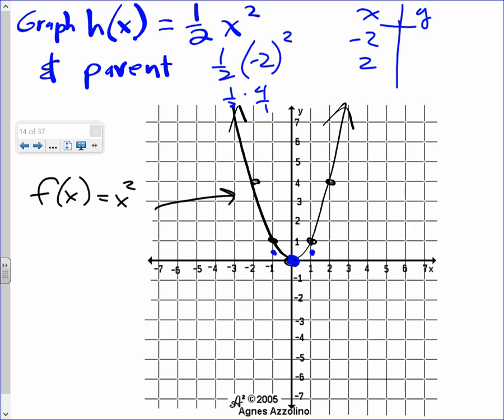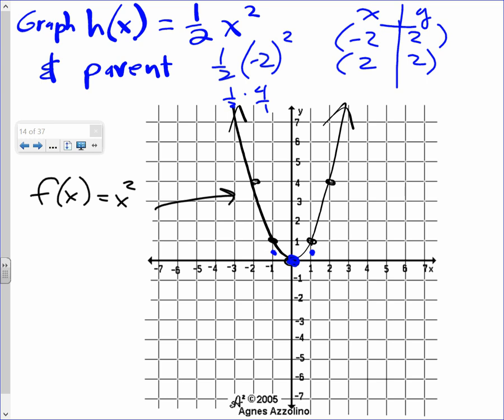Just 2. Exactly. It's going to be the same thing with positive. Whatever the positive value for the input is and the negative value, it's going to be the same value for y. So it's going to be 2 also.